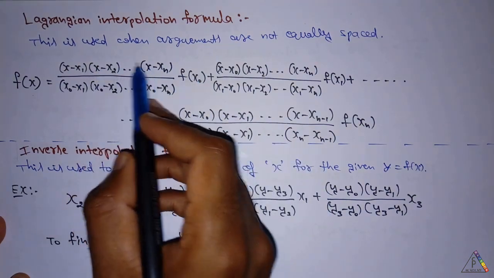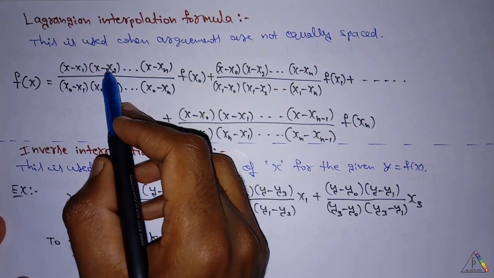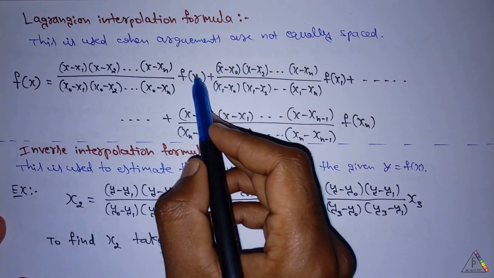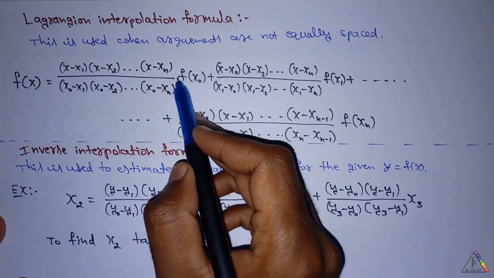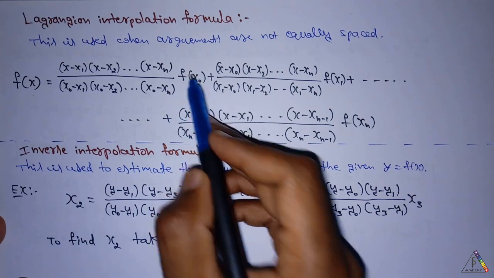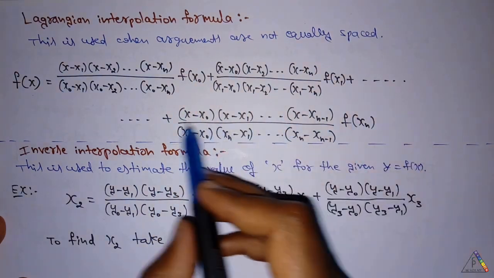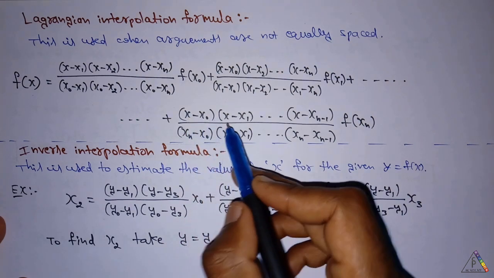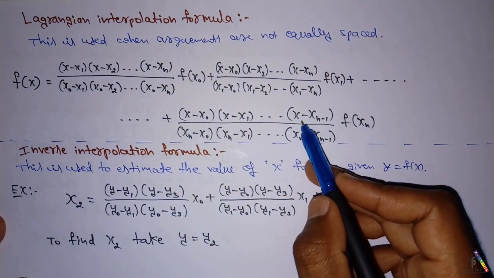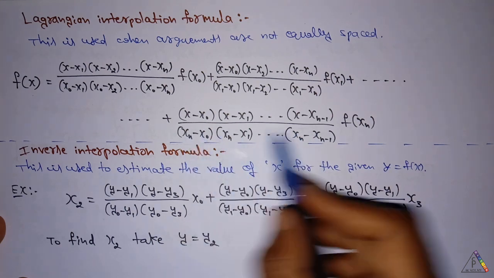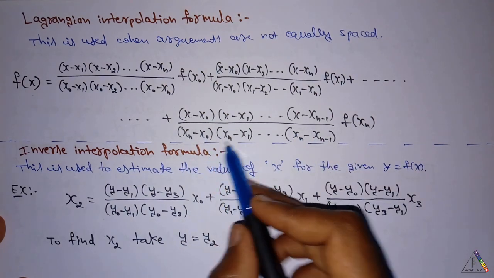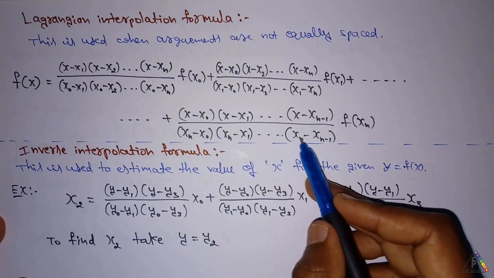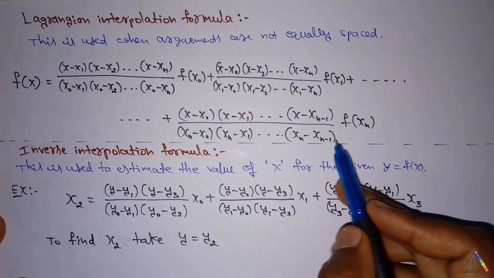Here the numerator of the second term will not contain the term x naught. Similarly, the nth term is given by (x minus x naught) into (x minus x1) so on up to (x minus xn minus 1) divided by (xn minus x naught) into (xn minus x1) so on up to (xn minus xn minus 1) into f of xn.